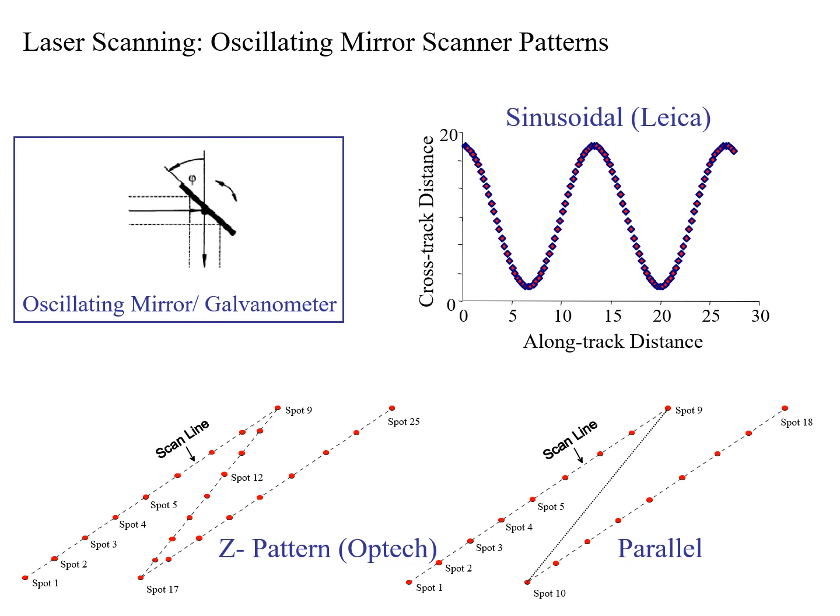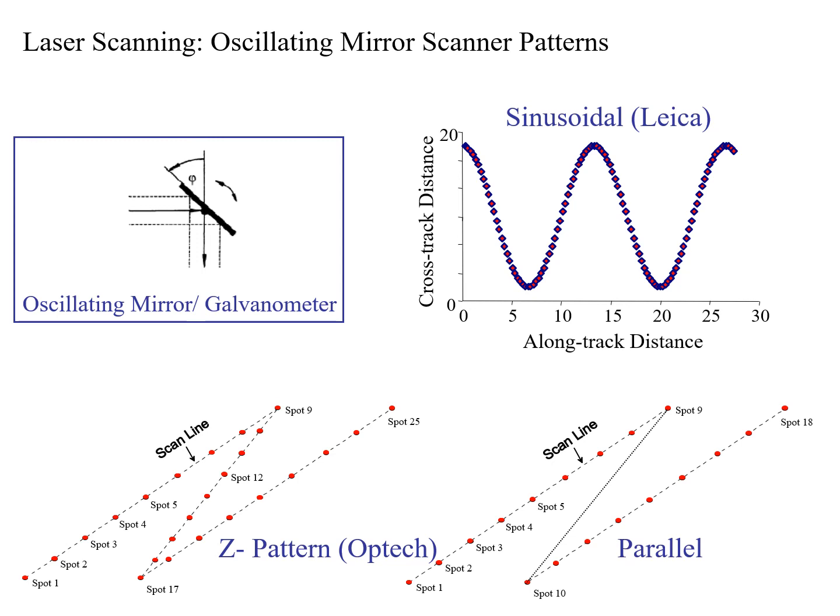Optech, another big manufacturer, uses a Z pattern. So in this case, you're drawing a line with equal spaced Lidar observations and then drawing it back and forth. There have also been parallel systems. In this case, you just drive it forward and then drive another line forward.